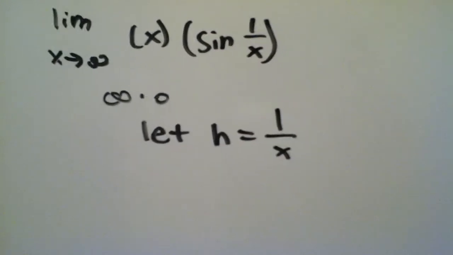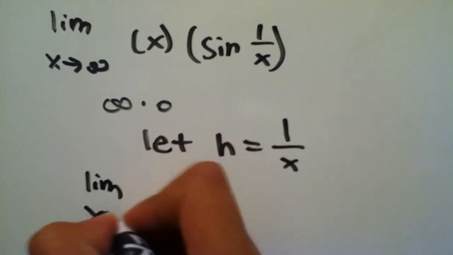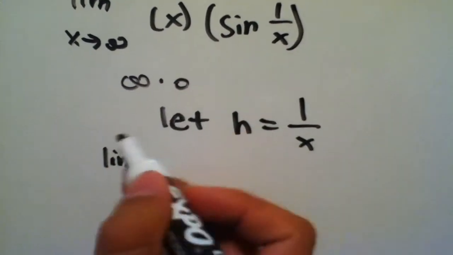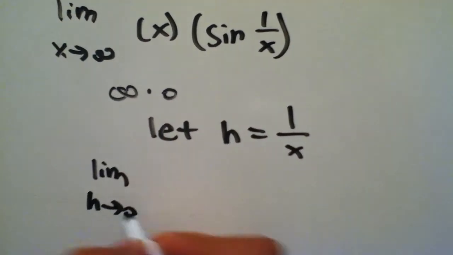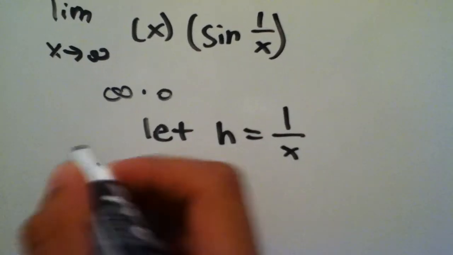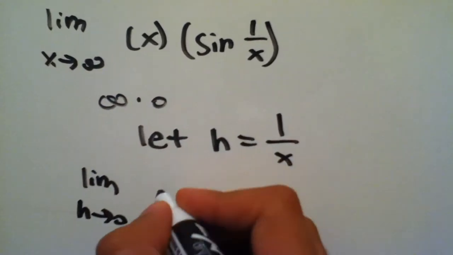If we do that, you get the limit with this h value substituted in, and instead of x approaching infinity, we now write h approaching 0, because if you put infinity here, you get 0. Again, we're just simply substituting an h everywhere there's an x.